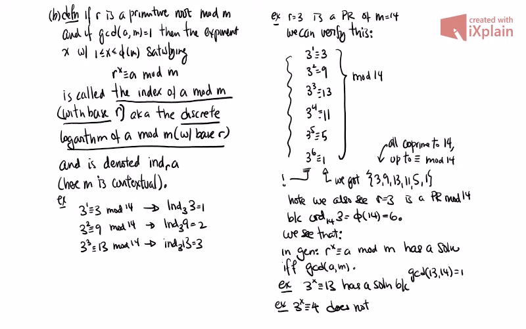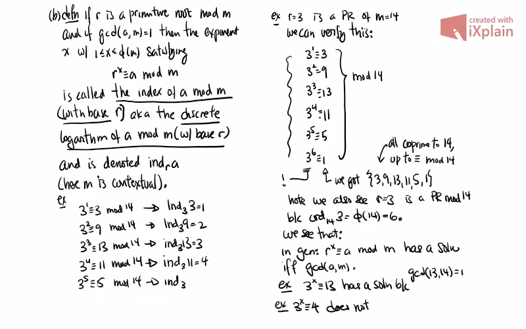It's worth listing them all. 3 to the 4 is 11 mod 14. So the index base 3 of 11 is 4. 3 to the 5 is 5 mod 14.